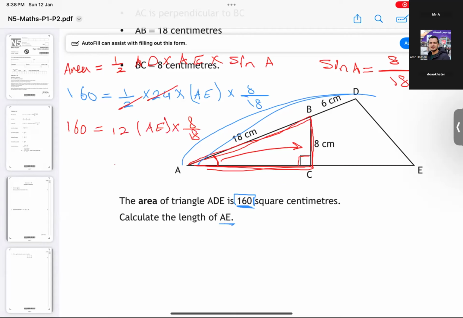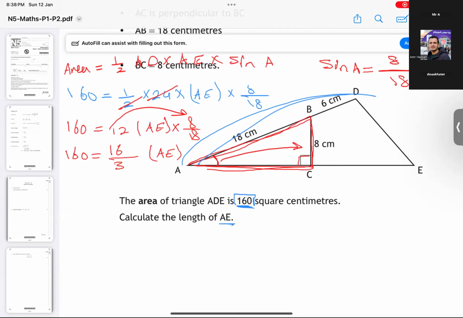And then what I want to do is multiply 12 times 8. 12 times 8 is 96 divided by 18, and after being simplified it's going to be 16 over 3. When you write down 16 thirds multiplied with AE, right?